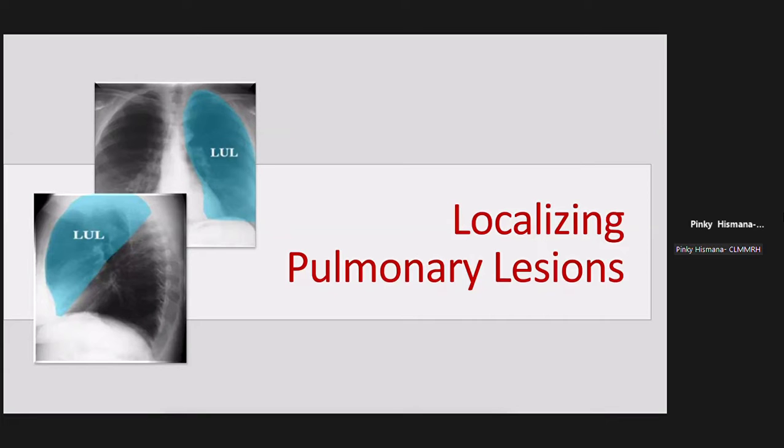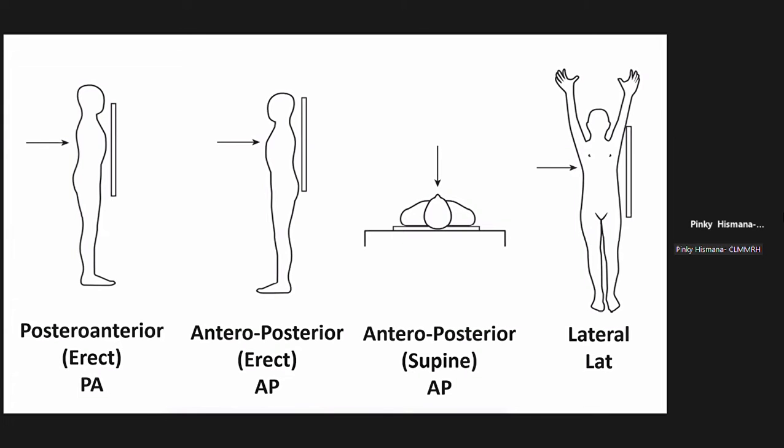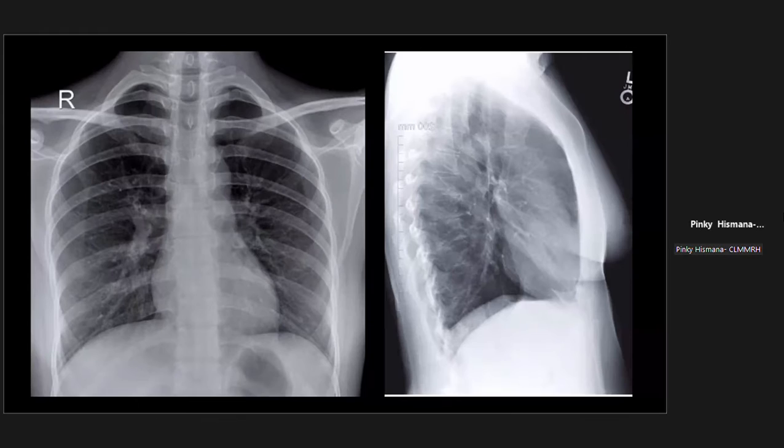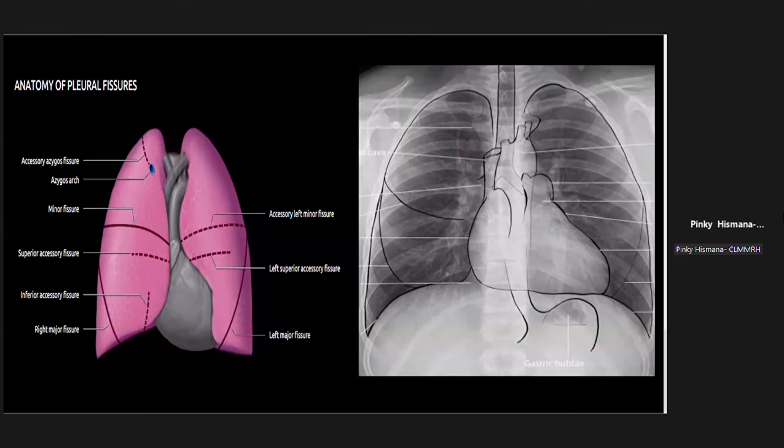Then we also discussed how we localize pulmonary lesions. Basically, after we do a frontal X-ray examination, whether posterior-anterior or anterior-posterior, we just add a lateral view to help us in the localization of certain lesions. So this is the frontal, whether AP or PA, and the lateral view.